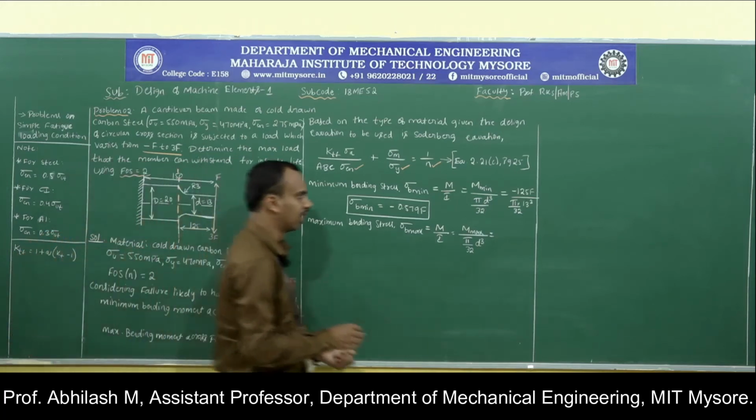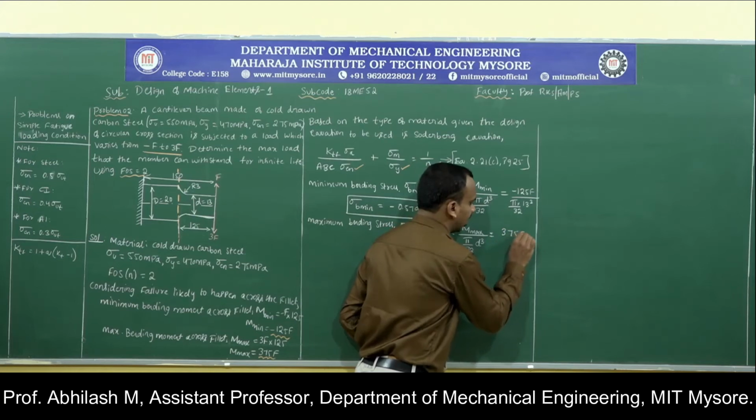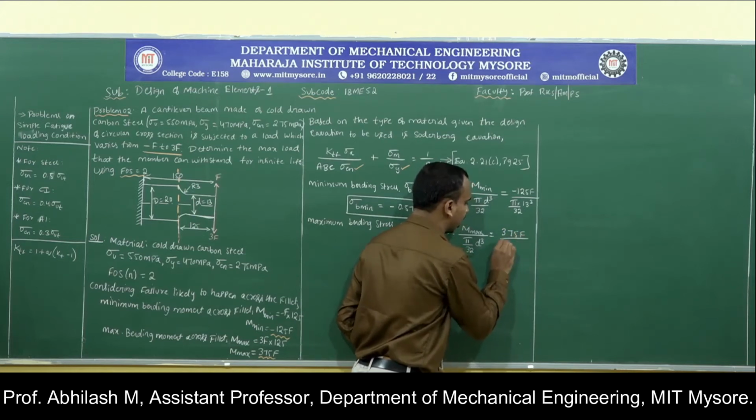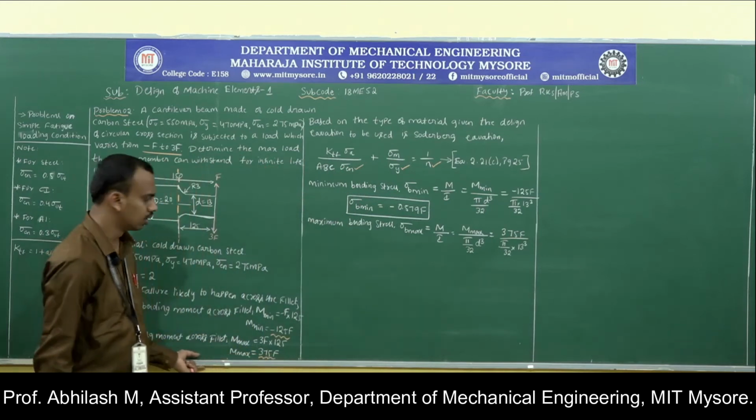So substitute the value of the maximum bending moment, which is a positive value: 375 F divided by pi by 32 into the diameter, which is 13 cubed.